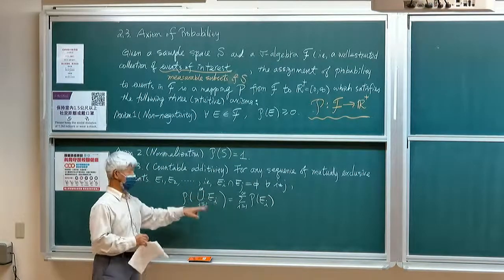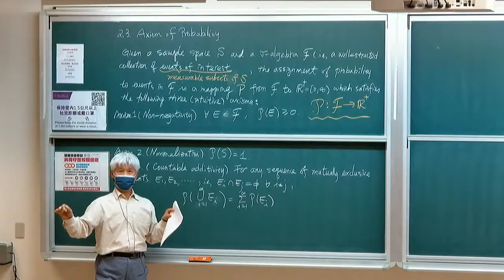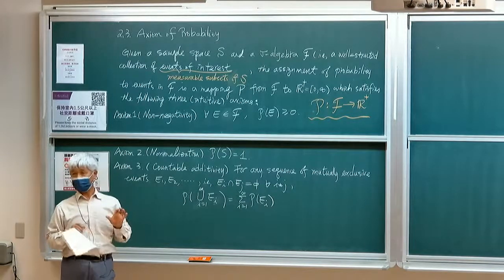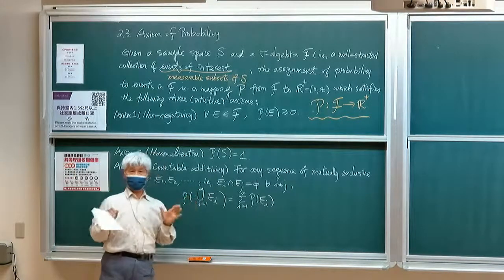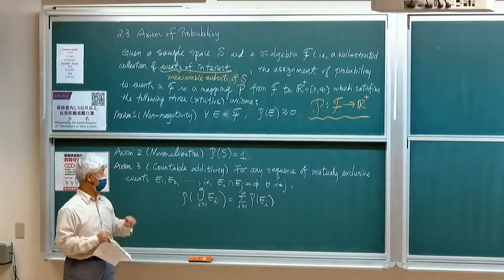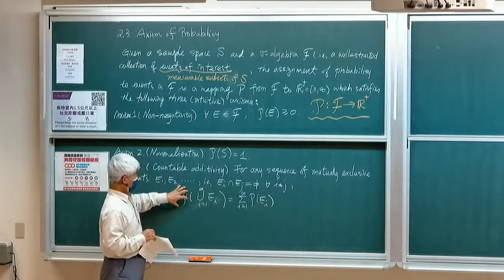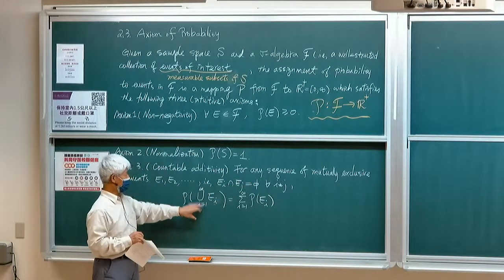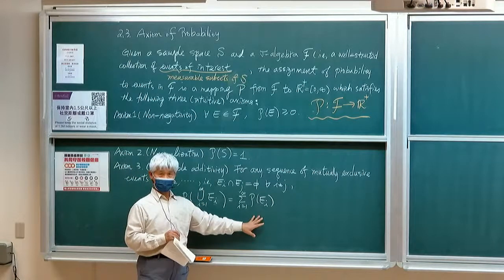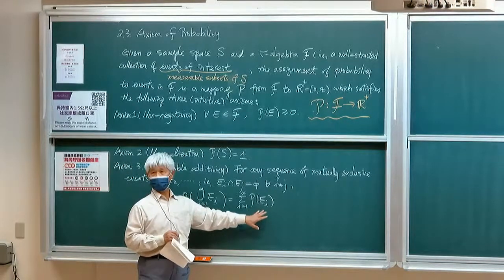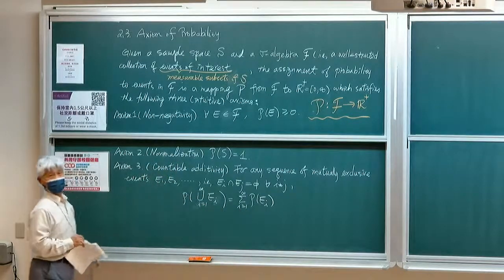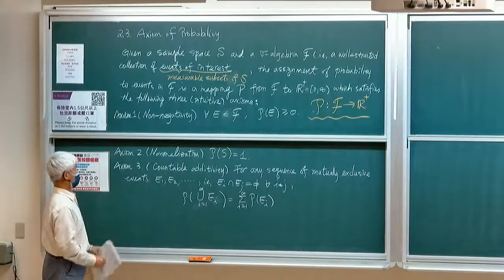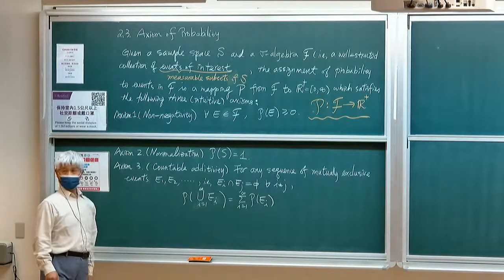And because these events are mutually exclusive, they will not occur simultaneously. It's impossible because the intersection is empty. And so the probability of at least one of the mutually exclusive events occurring is equal to the sum of the probabilities of the individual events Ei. Okay? So this is called countable additivity. Any questions?